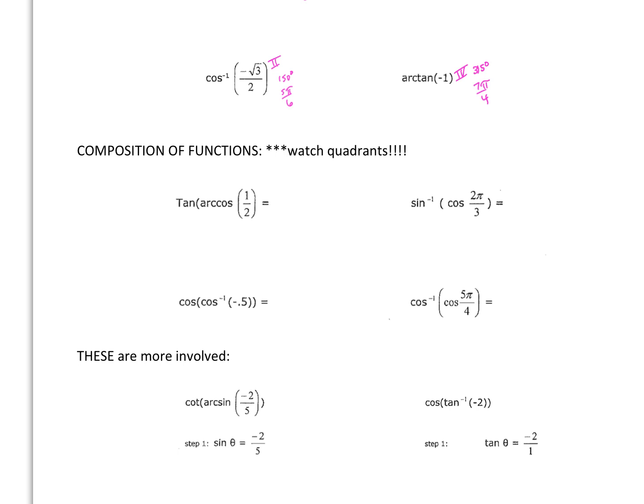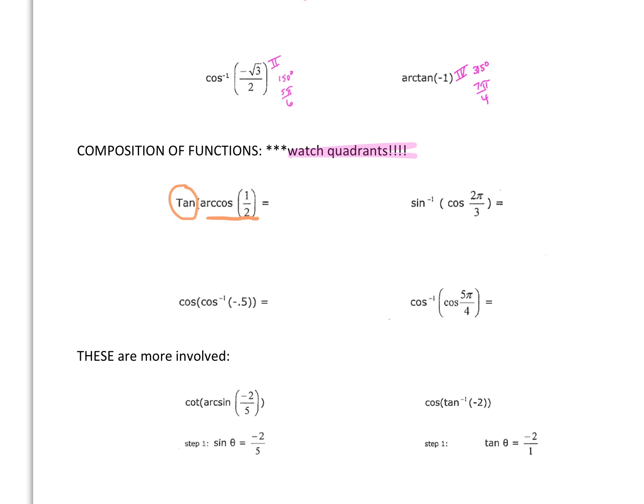Or in this case, the way these are written, we're going to consider this part first, and then we will deal with this after. Okay? I'm giving you a little bit of a heads up. We do have to consider the quadrants, so we'll talk about that as we progress through these.